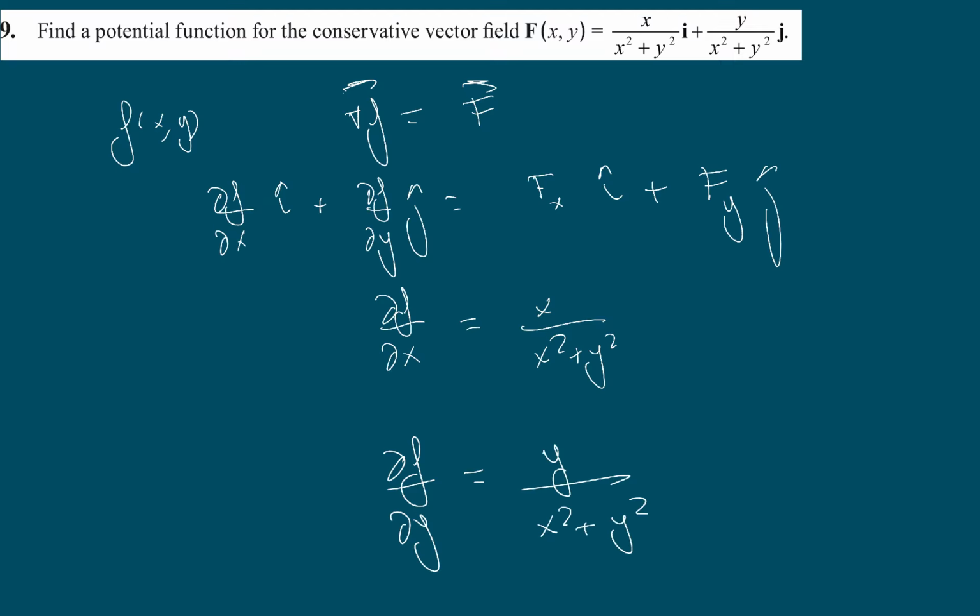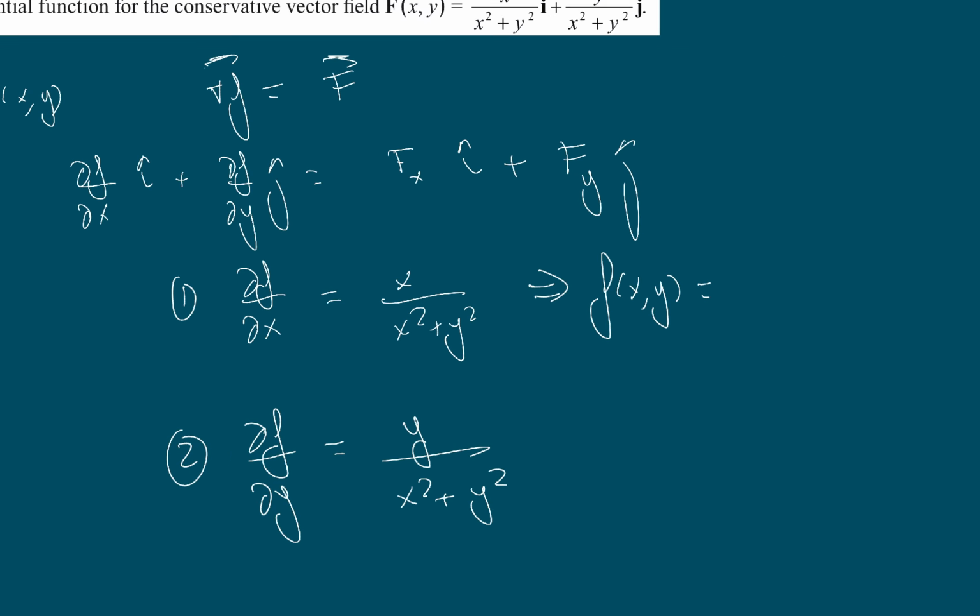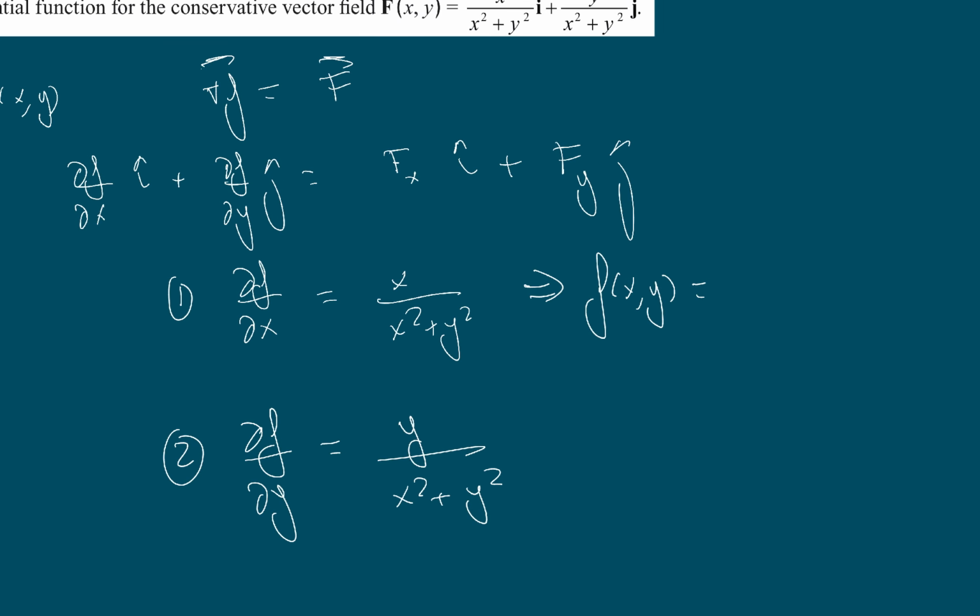Perfect. And now the question is, if I admit the first equation, who is f of x y? Who is the function whose derivative with respect to x is x divided by x squared plus y squared?